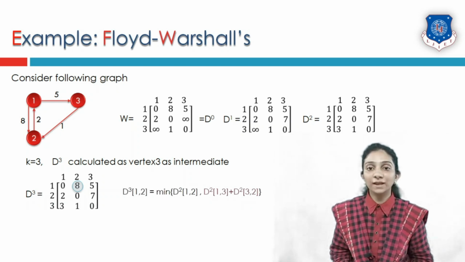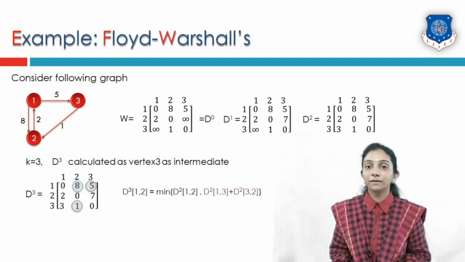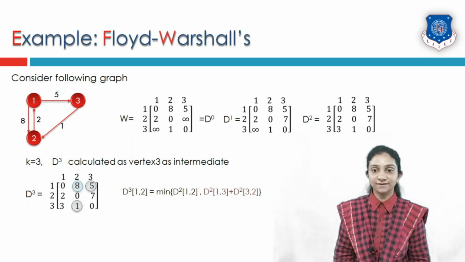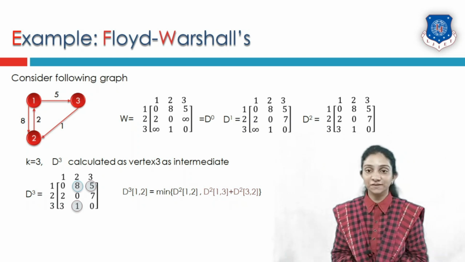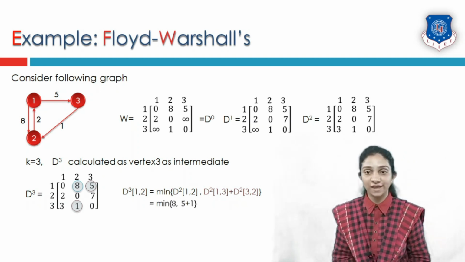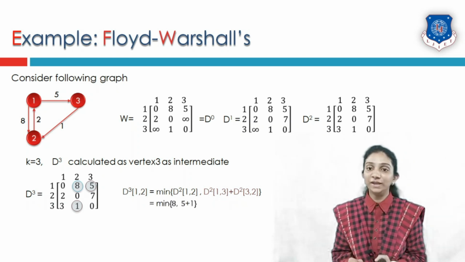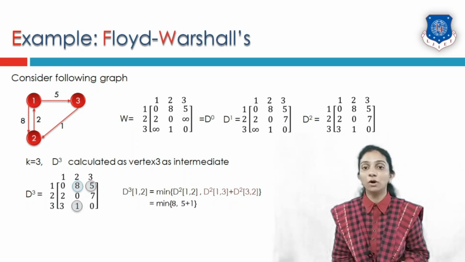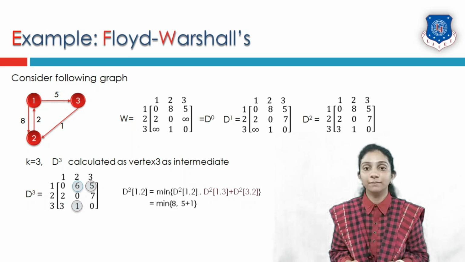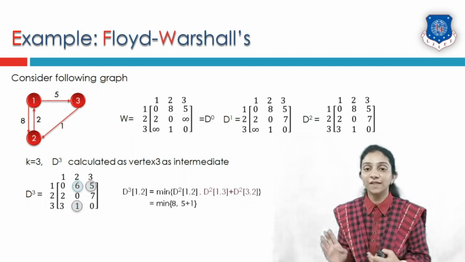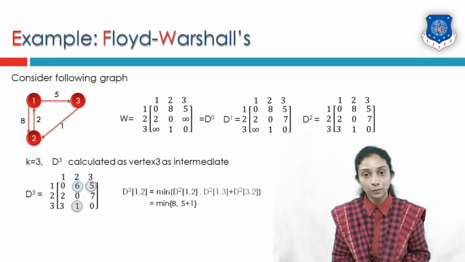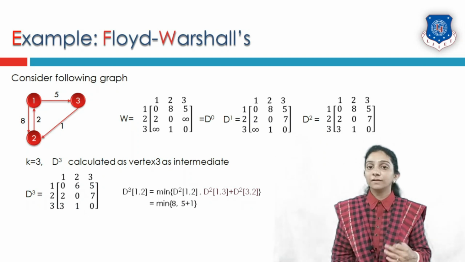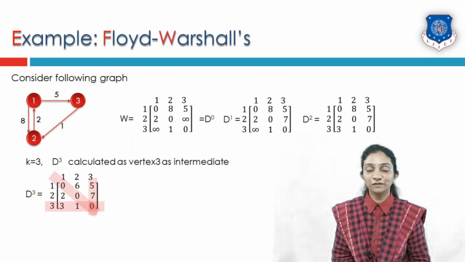So these two values are 5 and 1 respectively. So 5 plus 1 will be 6 and previous value is 8. So out of these two, minimum value will be 6. The new value will be updated inside the table. That means value is now changed from 8 to 6. This is the working of very first cell.